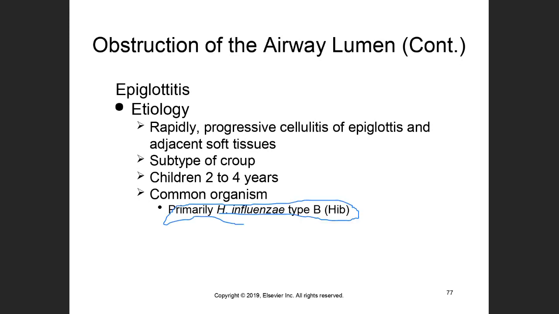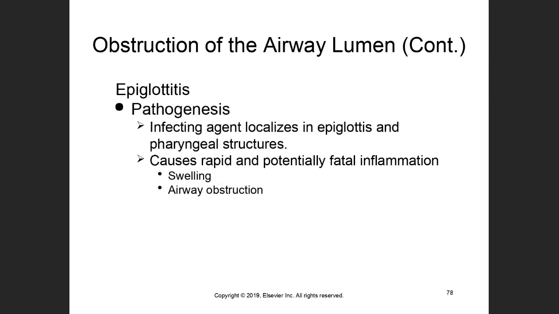So if you have a patient with epiglottitis due to H influenzae, you have to look for a non-vaccinated patient, patients that are not up to date with the vaccine. But nowadays, because we have the vaccine for that pathogen, it is not common.